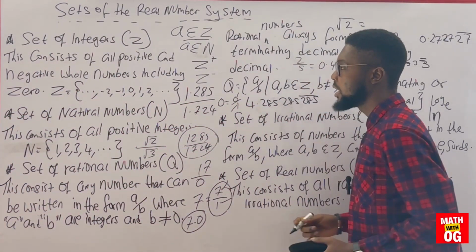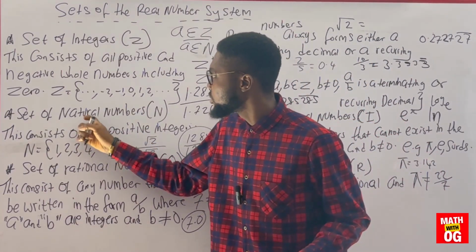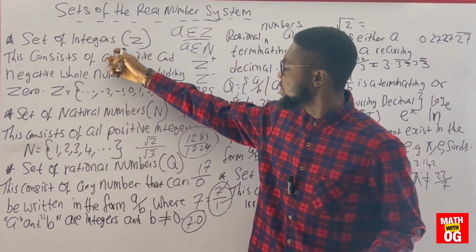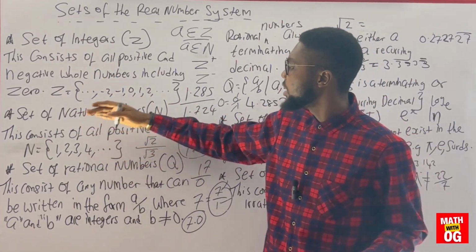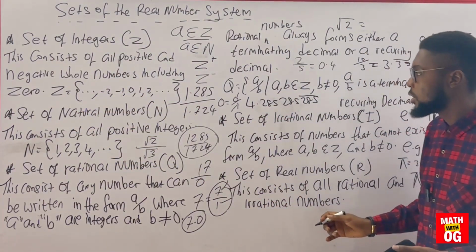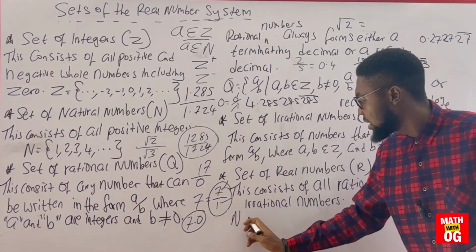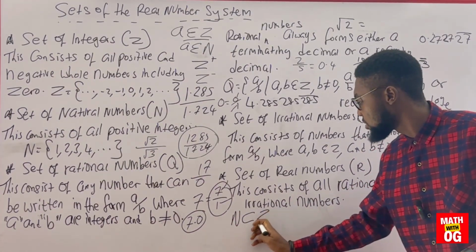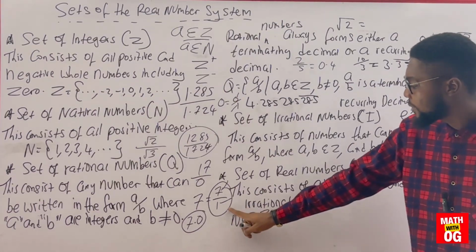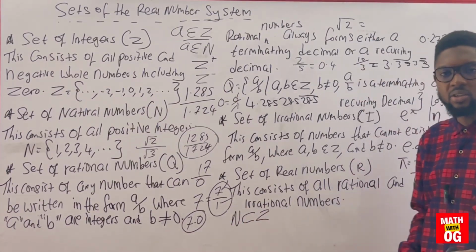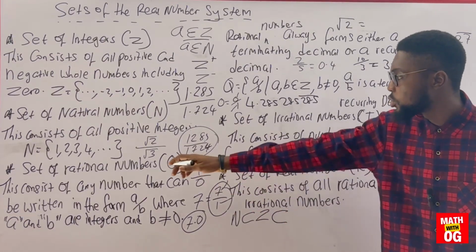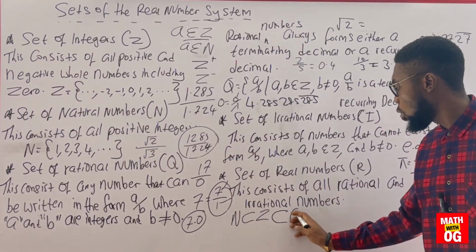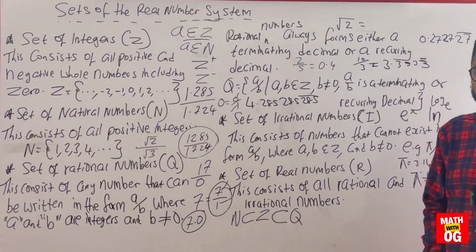However, let's start from natural numbers and integers. Integers are positive and negative whole numbers with 0, while your natural numbers are just positive whole numbers. So I can say my natural numbers are a subset of integers, because everything you can find in natural numbers, you find in integers. Also, these integers are subsets of rational numbers, because all whole numbers are rational numbers.